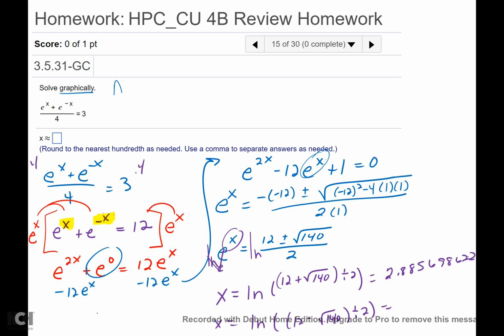And if you type the other one, ln of, the calculator opens parentheses, I'm going to open my own, 12 minus the square root of 140, close the parentheses, divided by 2, close the natural log, and hit enter, and you get 1.805649261.